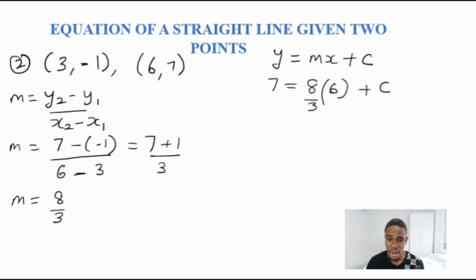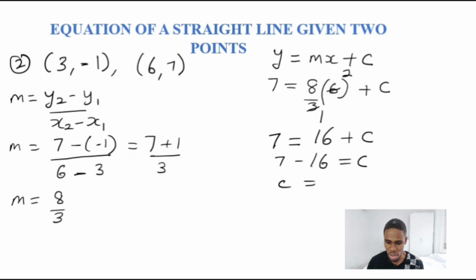Now we want to get rid of the fraction. So we cancel out. And we now have 7 equals 8 times 2, 16 plus c. So 7 minus 16 equals c, and we have c to be equal to -9.